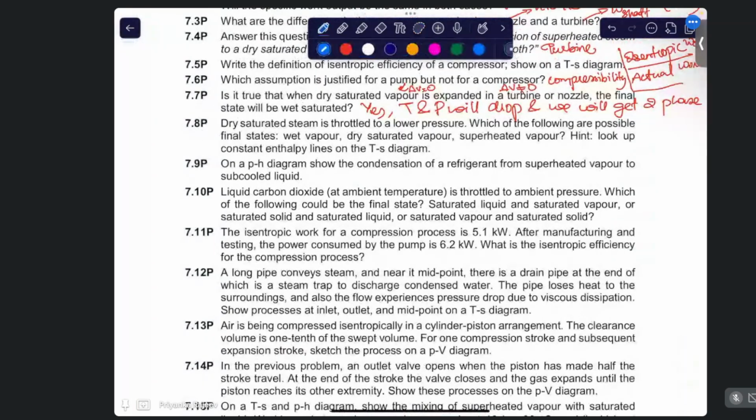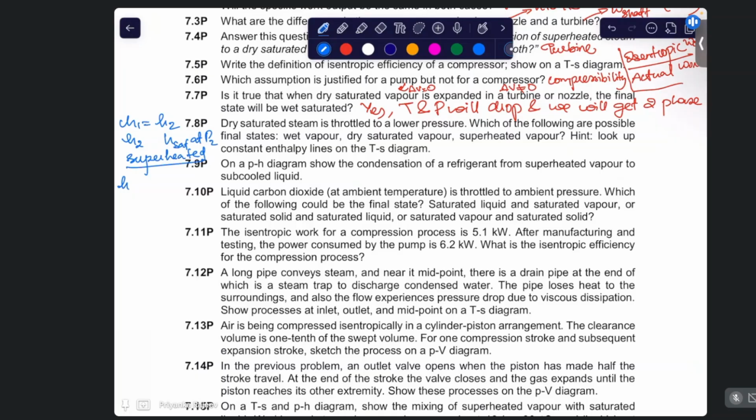So H1 equal to H2. Initial enthalpy is H1, H1 will be remaining constant, so H2 is also H1.